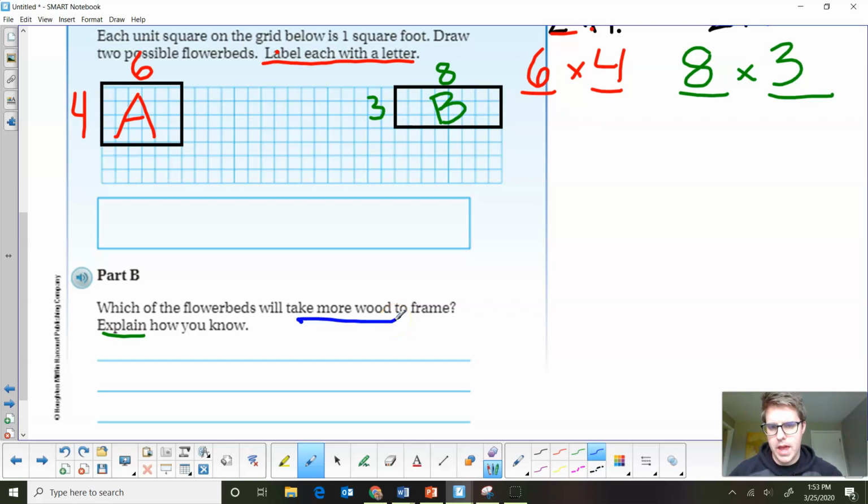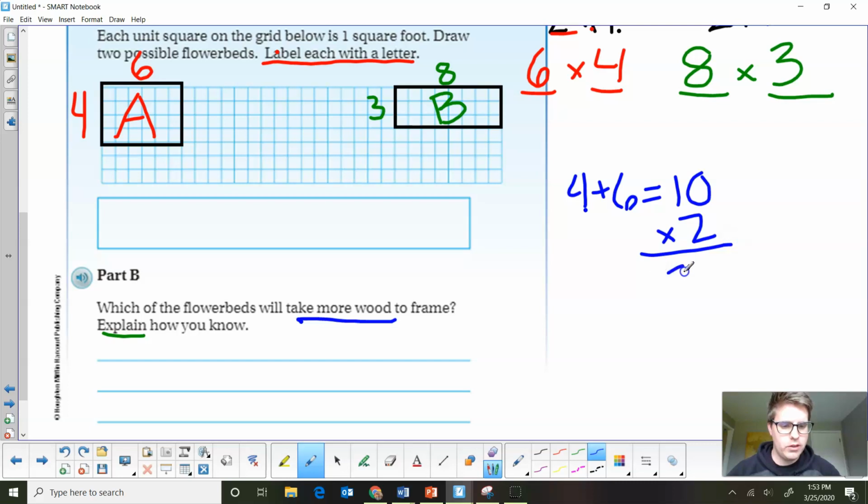So shape A, it's a 4 by 6. So that's 4 plus 6 plus 4 plus 6. So let's just do 4 plus 6 is 10, and then double that to get the other two sides.